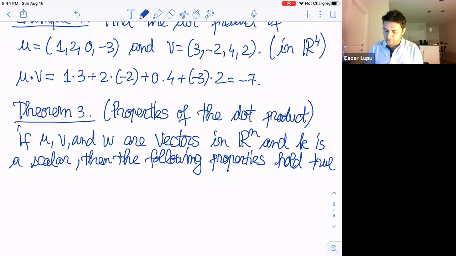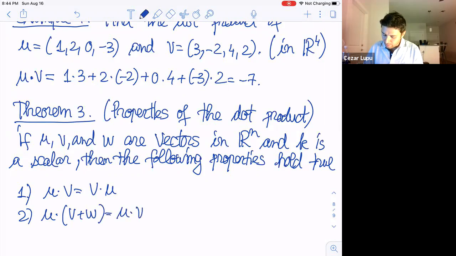Okay, the first one is that u dot v is the same as v dot u. u dot (v plus w) is u dot v plus u dot w.